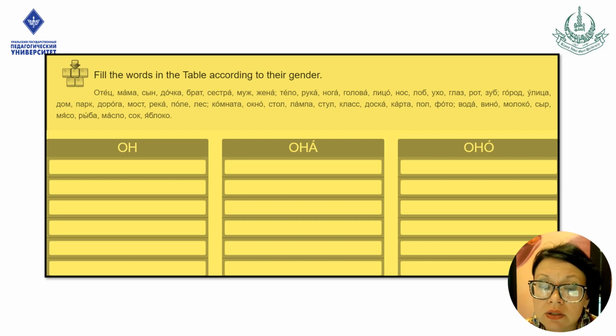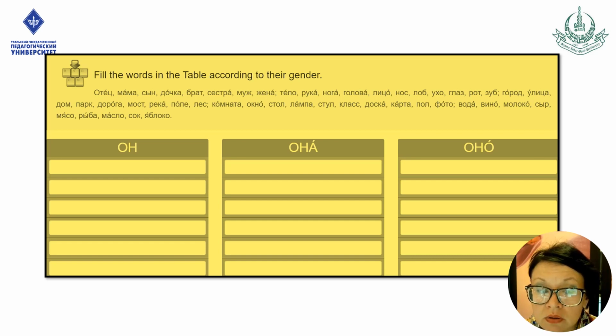Then глаз, z becomes s in final position, becomes voiceless. That's why we say глас, глаз. S is a hard stem ending corresponds to он, masculine gender, он.